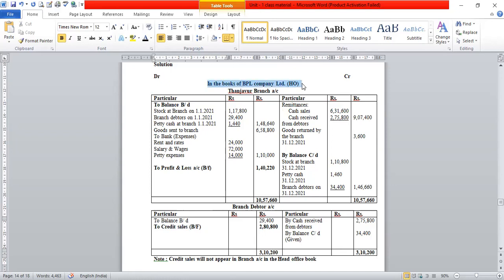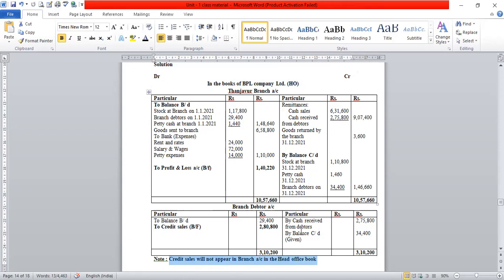The head office has not made credit sales; the branch has made the credit sales. The branch receives the amount and pays it to the head office. So the credit sale will not appear in the branch account in the head office book. It should not be included.